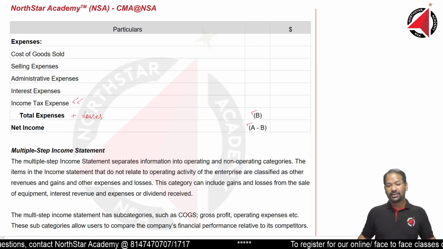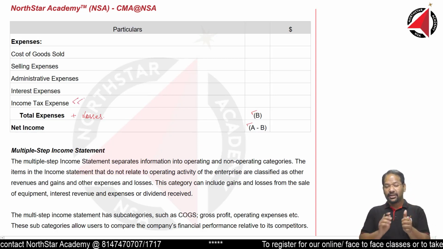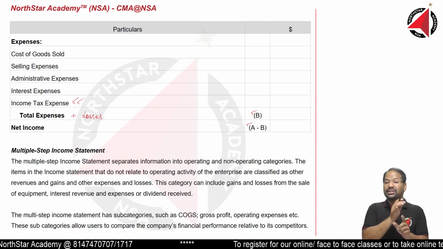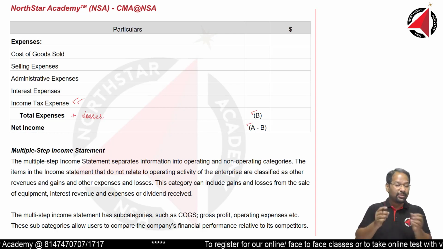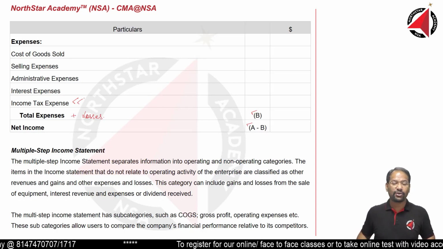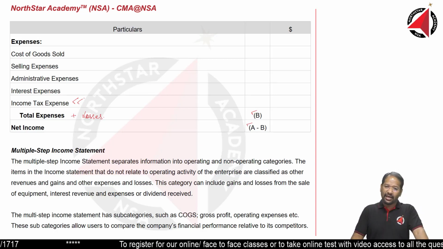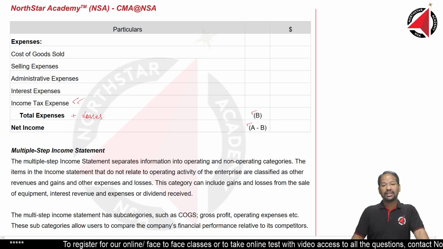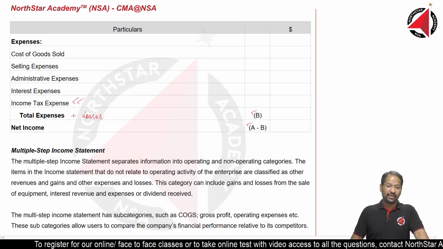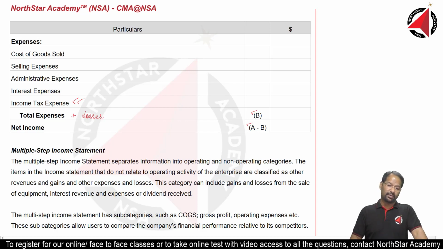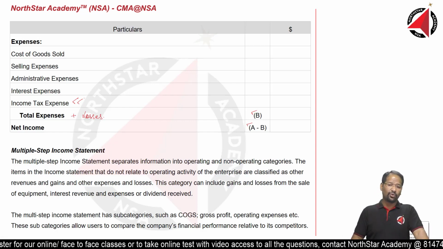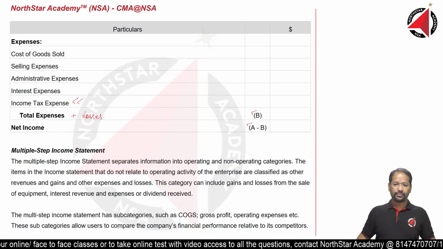So two important things in the revenue: it not only includes revenue but also includes gains. Gain on sale of machinery, gain on sale of land, gain on sale of building, all that will be included, which we in India call profit on sale of land. Technically speaking, it should not be referred to as profit. It should be referred to as gain, because gains means a net number. But it's okay to call it profit also.